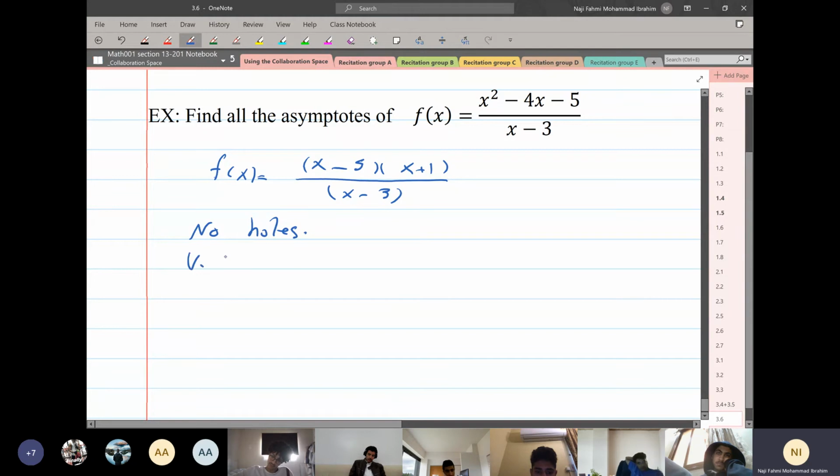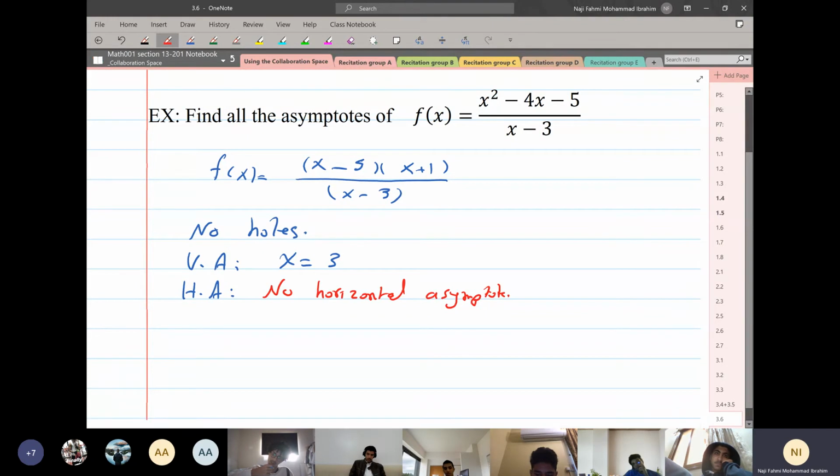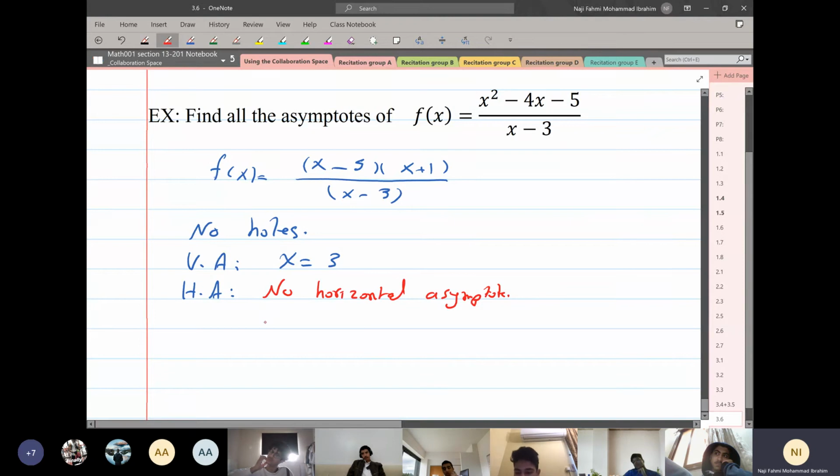What about the vertical asymptote now? The vertical asymptote is x equals 3. What about the horizontal asymptote? Here we have no horizontal asymptote. Why? Because the degree of the numerator is greater than the degree of the denominator.